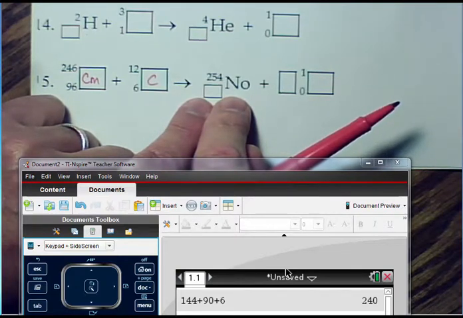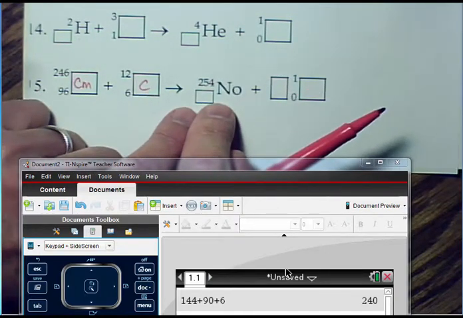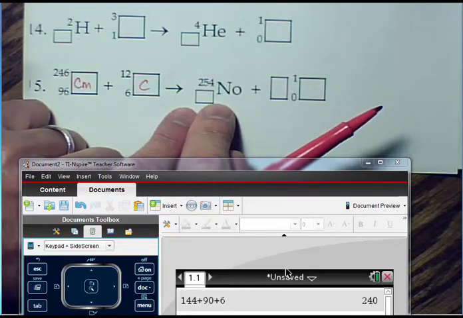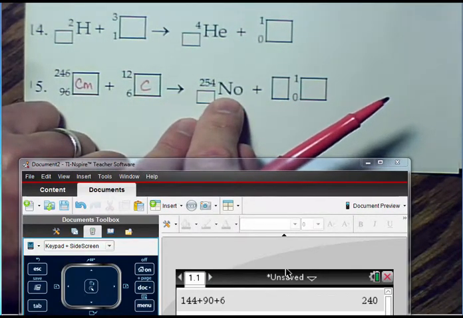What is the nuclear process that's going on here? Two big particles squeezed together to make an even bigger particle? Two smaller particles squeezed together to make a larger particle? Fusion. This is an example of fusion.